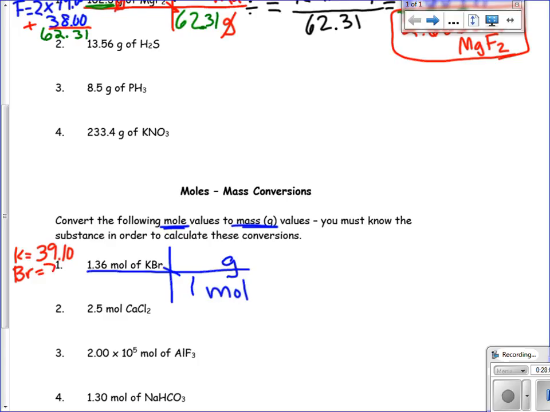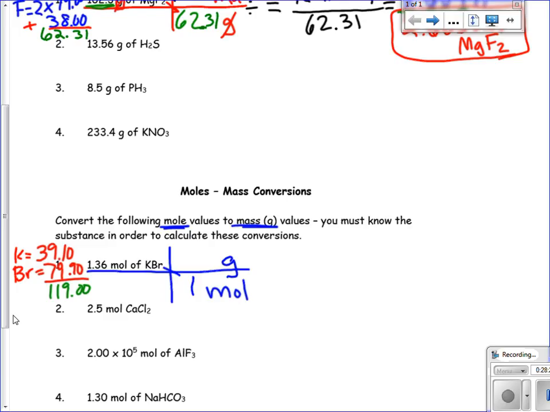It's heavier, yes. So add those two up, and how much do we get for our molar mass? So that ends up being 119.00. And I keep the .00s to remind myself I need to go to the hundredths every time.